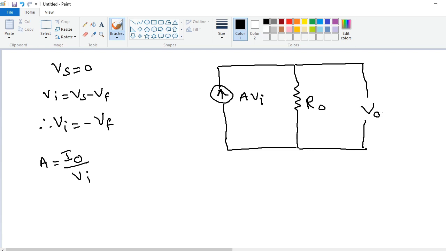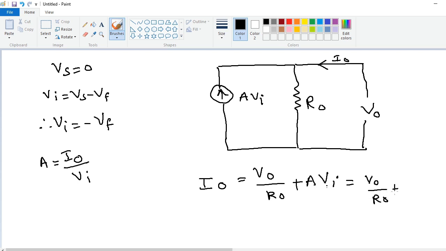Now coming to the current formula. I naught is equal to V naught divided by R naught plus A into Vi. So here instead of Vi, simply minus Vf is substituted. I naught is equal to V naught by R naught minus A into, instead of Vf, beta into I naught is substituted.